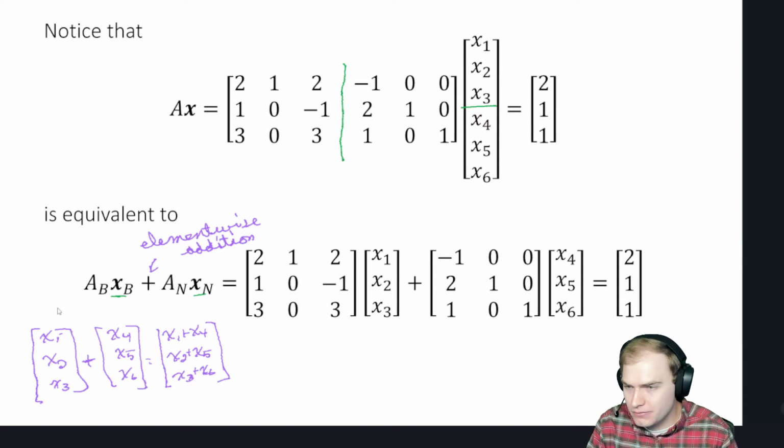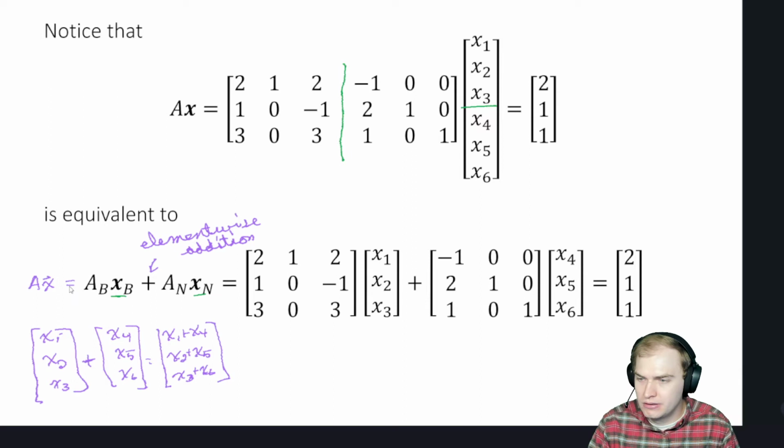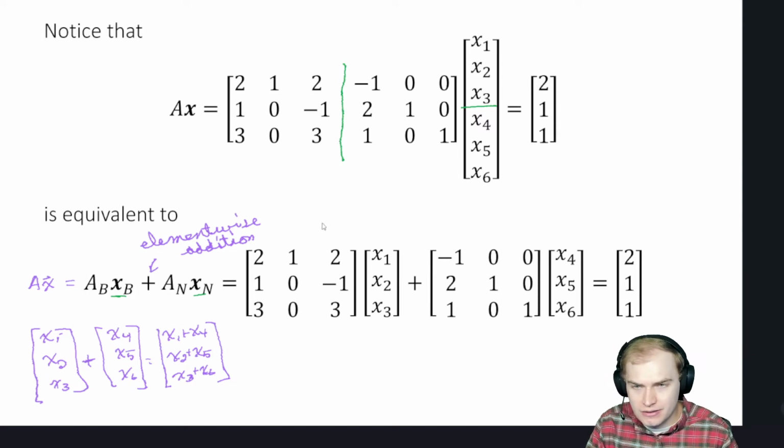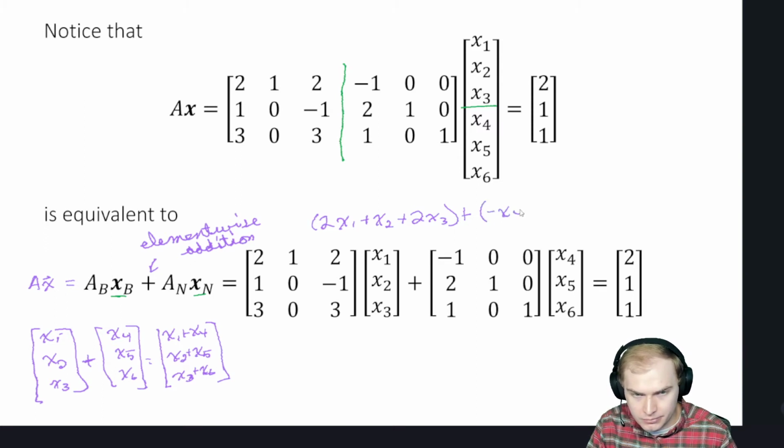So this is the same whether we split up our things or not. We have the same equation here, because this is going to be 2x1 plus x2 plus 2x3 plus negative x4.